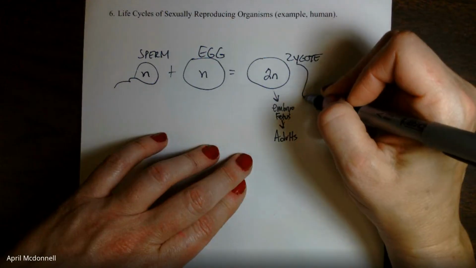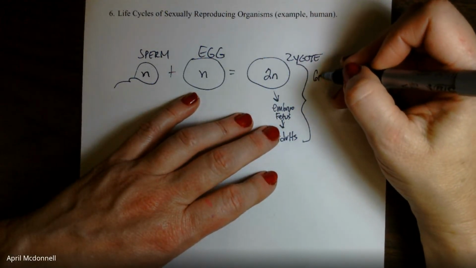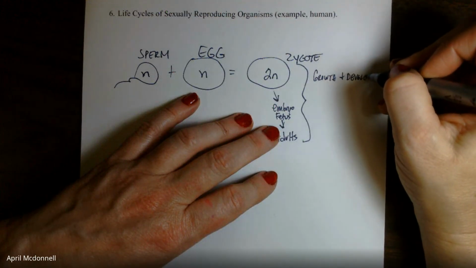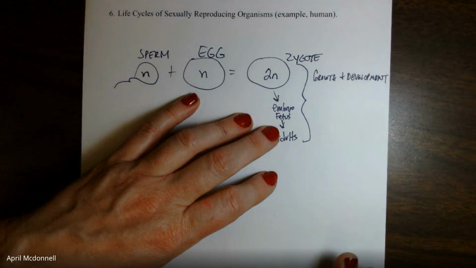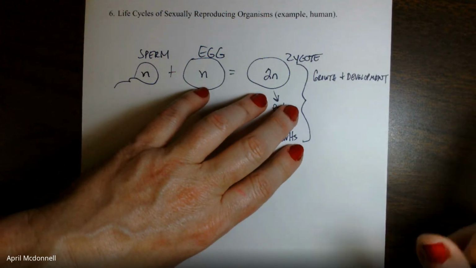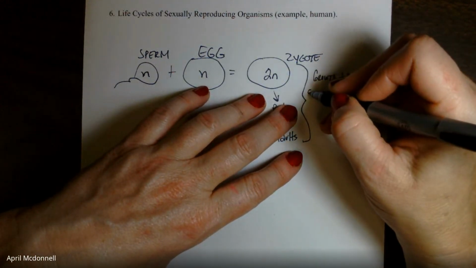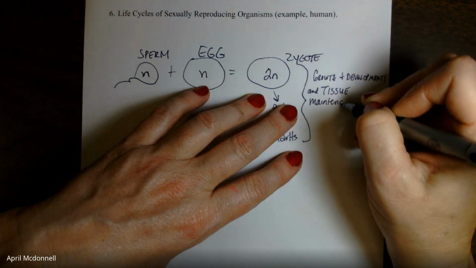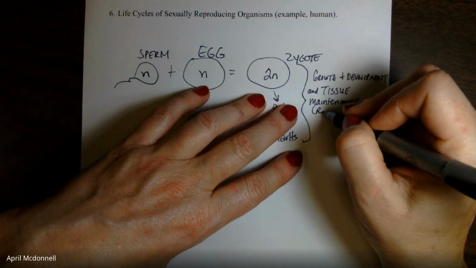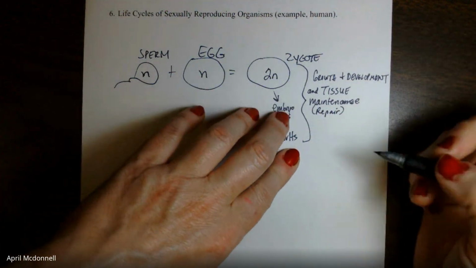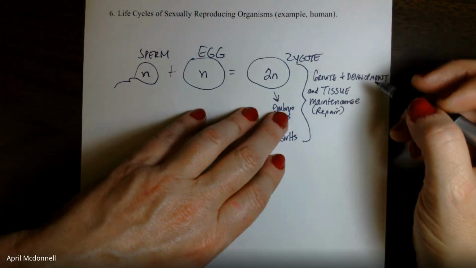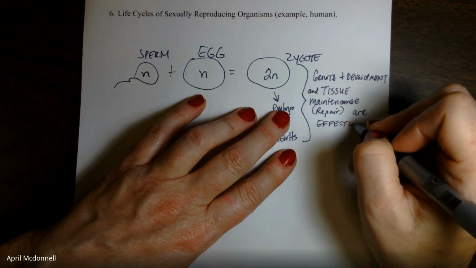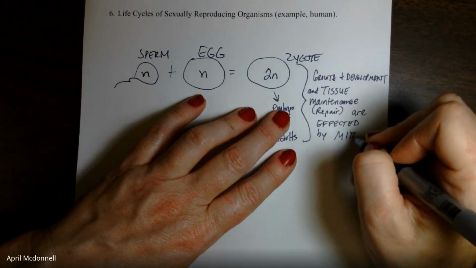Okay, but one thing that you want to make sure that you understand is that growth and development and tissue maintenance, for example, one maintenance will be repair, are all events that are affected by mitosis.